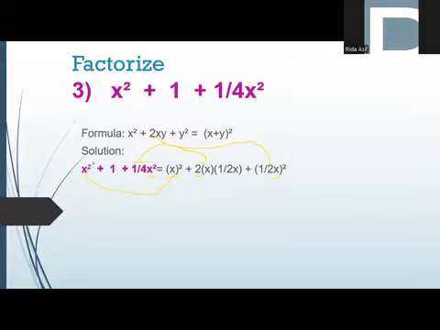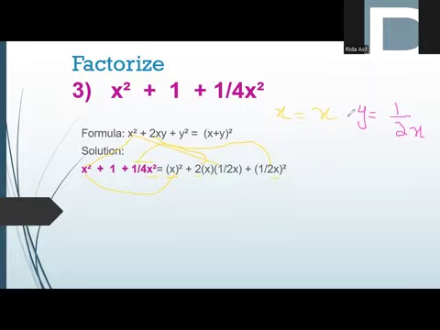Okay? According to your question, first of all we should compare. According to your formula, look at the formula on your left hand side, students. So your x is equal to x, right? And what about y? Your y is not y, your y is equal to 1 upon 2x, right?